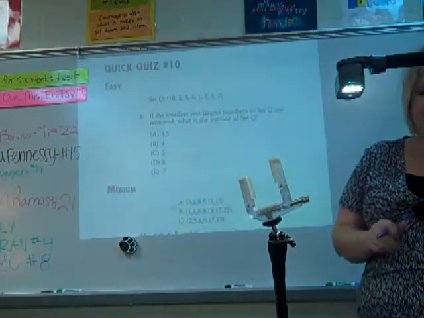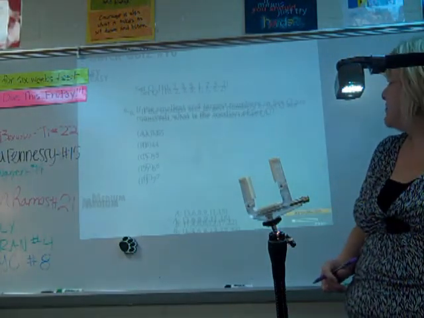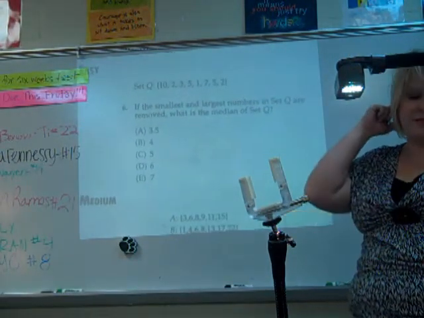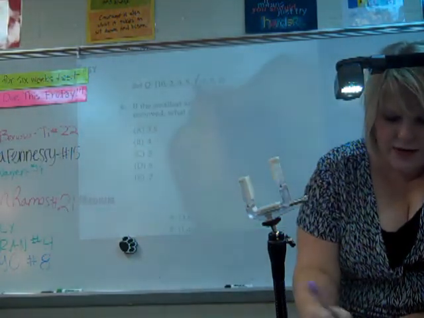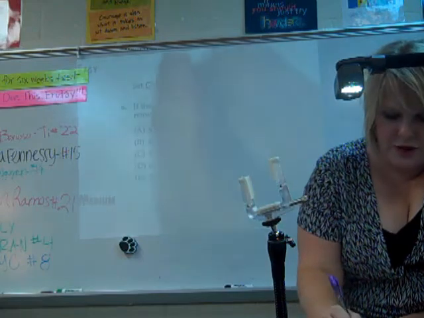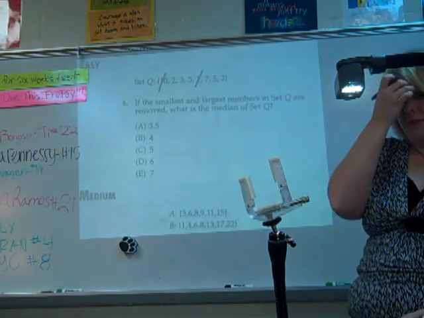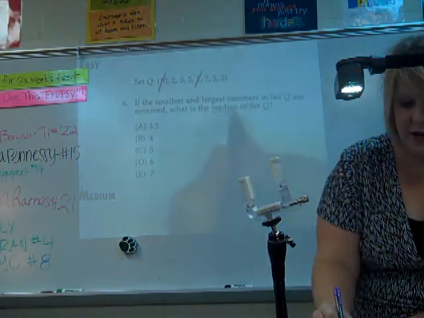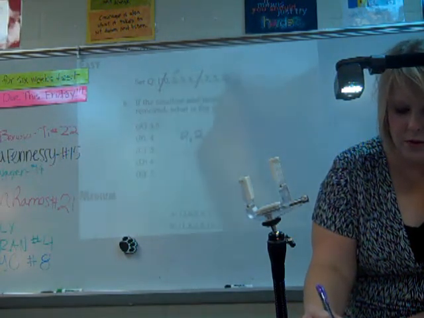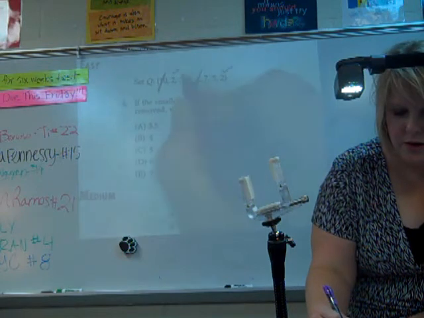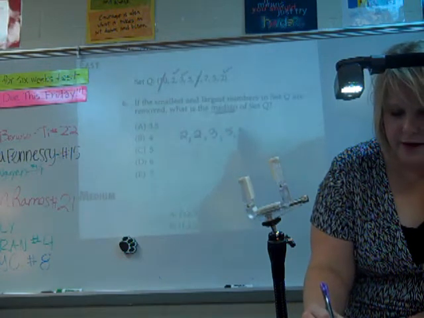So the easy one, number 6, says if the smallest and largest number in set Q are removed, what's the median of set Q? So the smallest number is 1, and the largest number is 10. And remember, to find the median, you need to put them in order. So 2, 2, 3, 5, 5, 7.